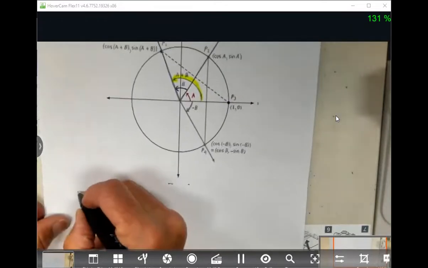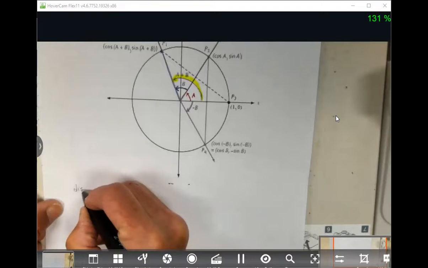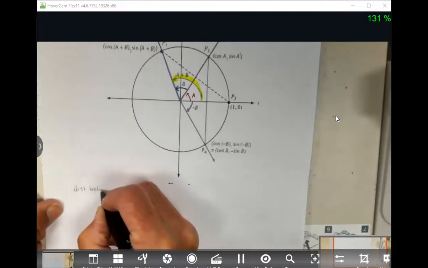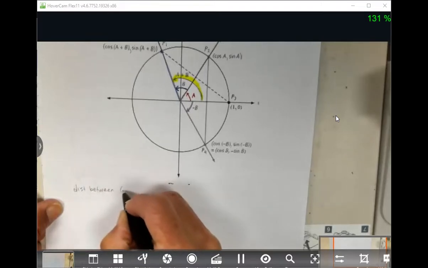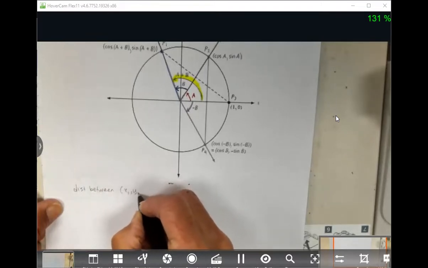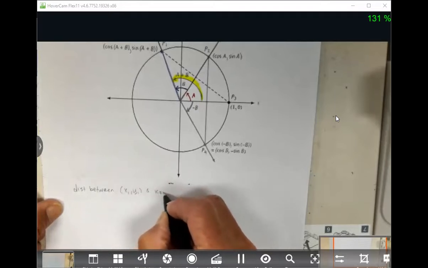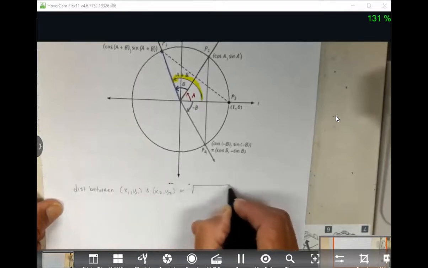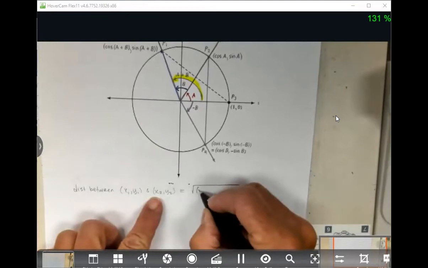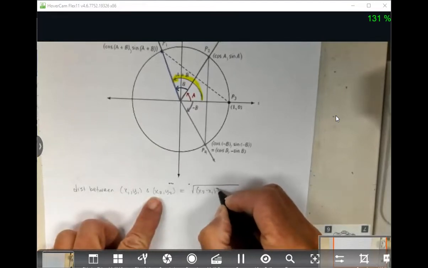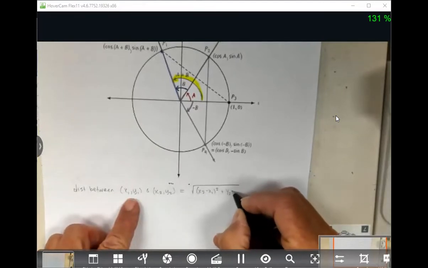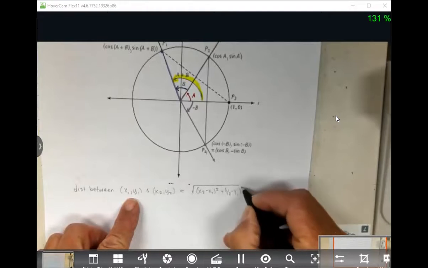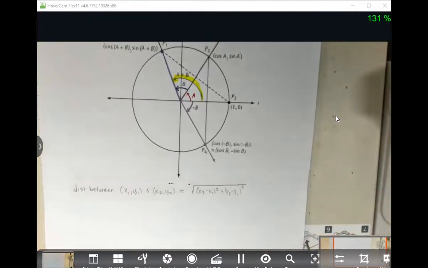Does anybody know that the distance between the ordered pairs (x1, y1) and (x2, y2) looks like the Pythagorean theorem? X2 minus x1 squared plus y2 minus y1 squared. Does that look familiar to anybody?